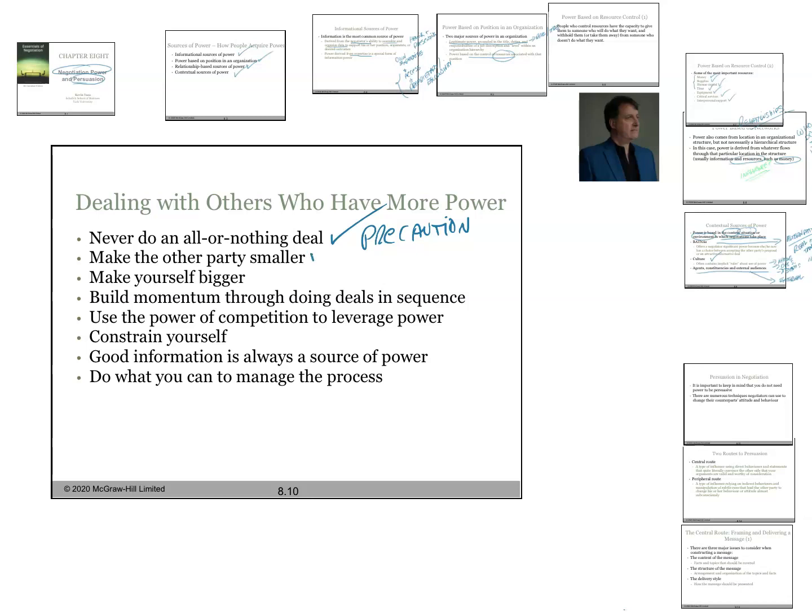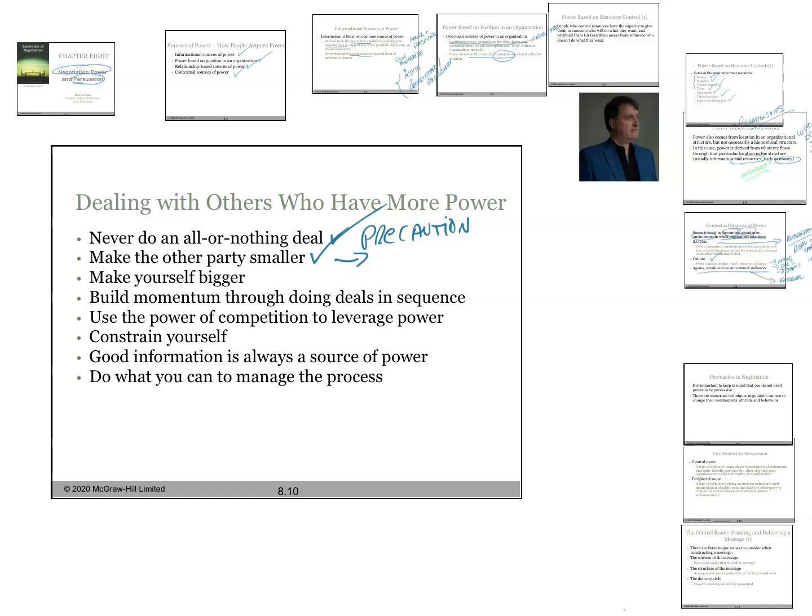Make the other party smaller. Well, you can't physically change them into a smaller party. This is what it means. When you're dealing with a larger party, a bigger organization or a bigger team or a more powerful entity, you want to establish relationships with more than one person.